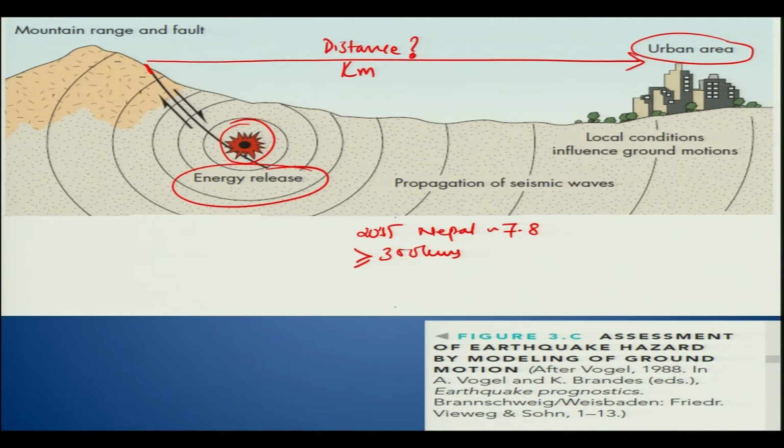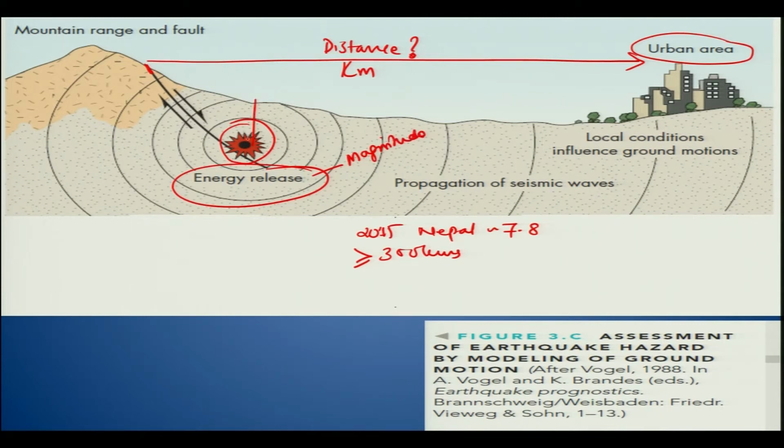Whatever we have talked about in the previous slide, the most important part is the source, the location of the fault, and the amount of energy it will release, because this is going to talk about the magnitude.